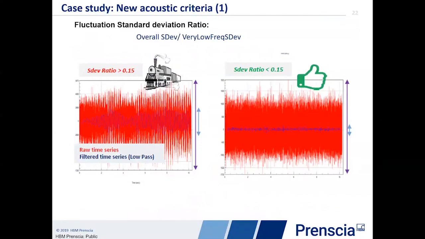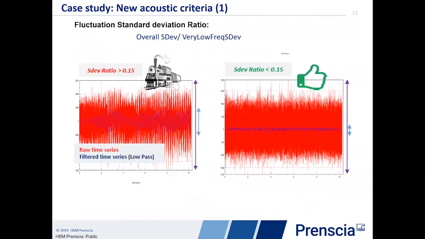And based on this ratio, thanks to the help of some jury testing, they were able to empirically derive a parameter for discriminating pleasant and unpleasant turbochargers. The value they arrived at was 0.15. If the standard deviation ratio they had calculated was greater than that, the steam locomotive effect was very strongly present. Whereas when the ratio was below that value, people felt and judged that the noise generated was much more acceptable.